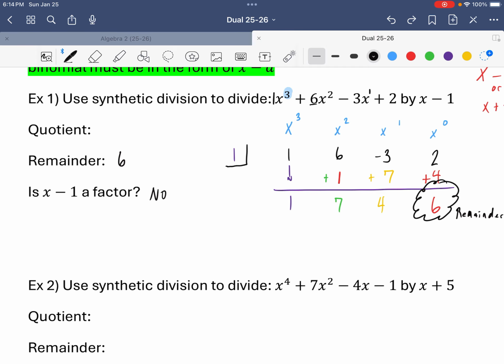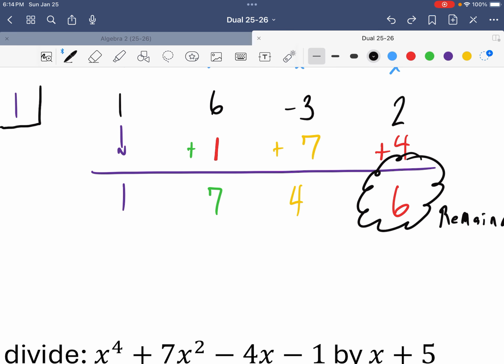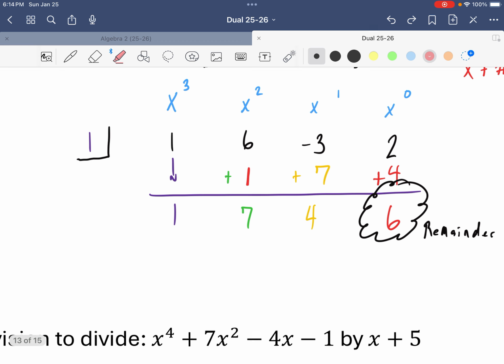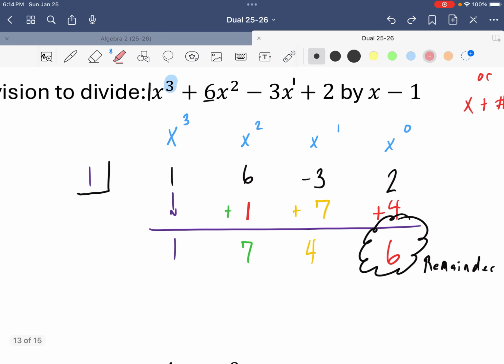Okay, now, what about the other 3 numbers? Or sometimes you have 4 numbers, right? What about the remaining numbers? In this question, my remaining numbers are 1, 4, and 7. Those are my quotients, or my quotient. Now, how do you get the quotient? Well, you come back over here and you look at this. In this question, the highest exponent was x3.